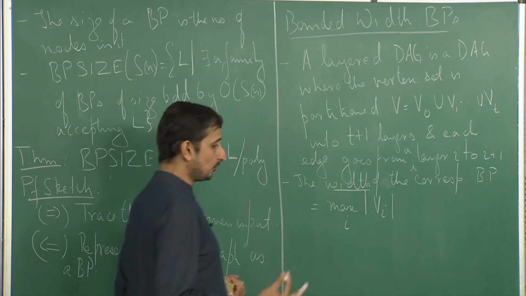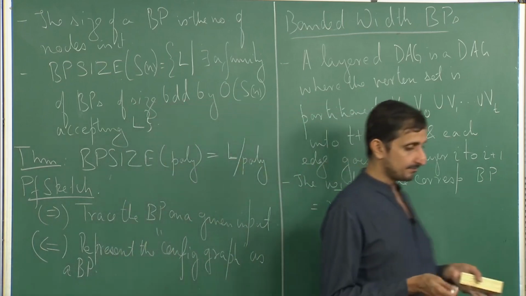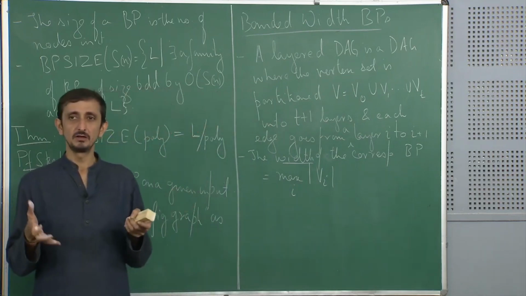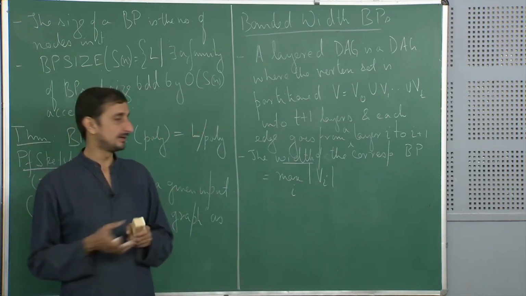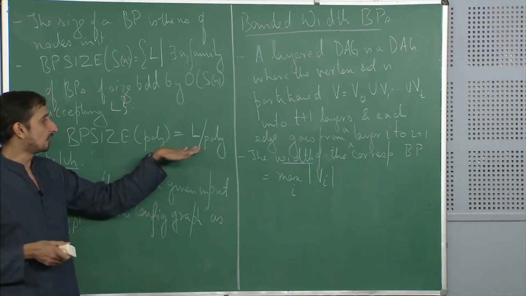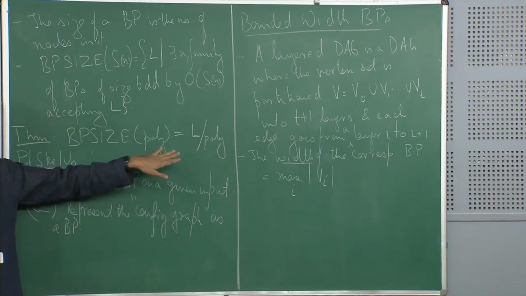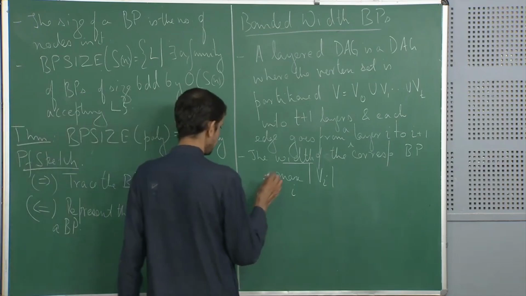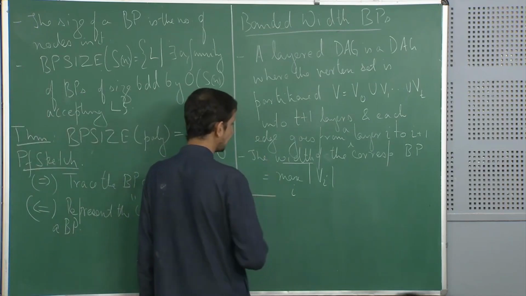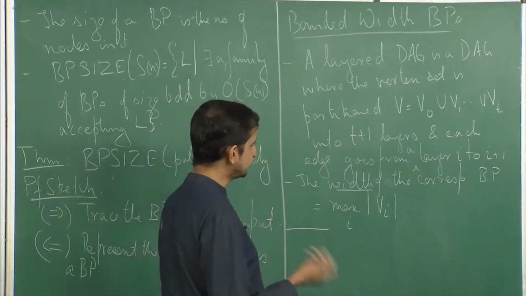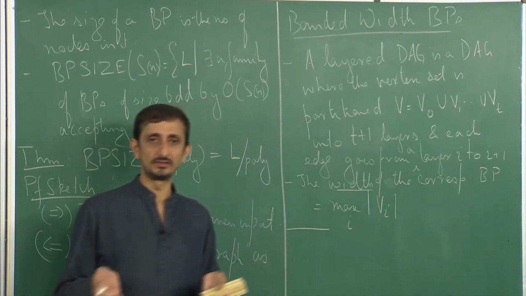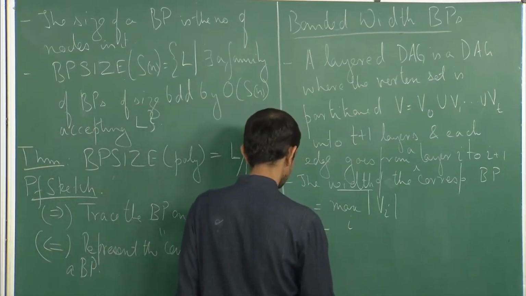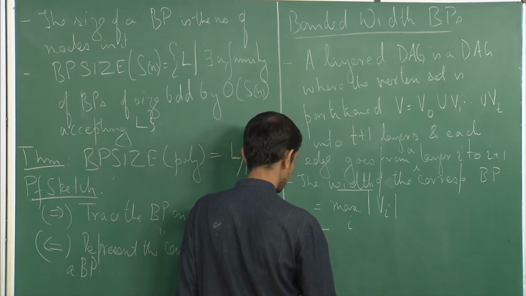So now we want to ask the question that, if I look at branching programs which have bounded width, what is their complexity? Like how much is it restricted from the class L? In particular what we will be looking at today is branching programs of constant width.